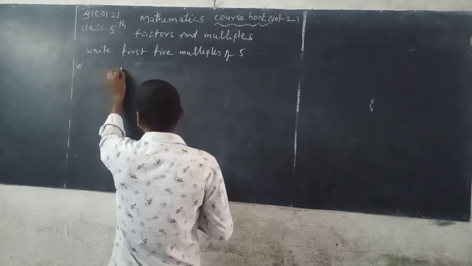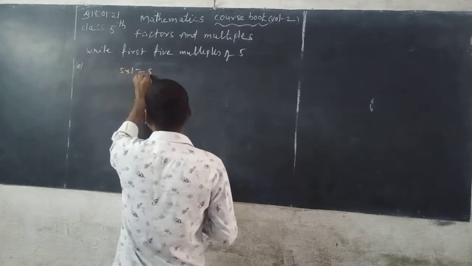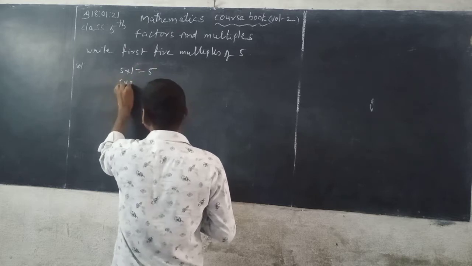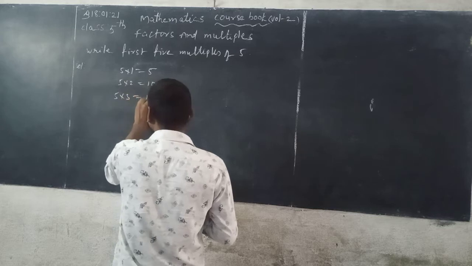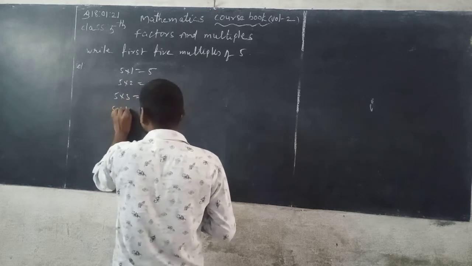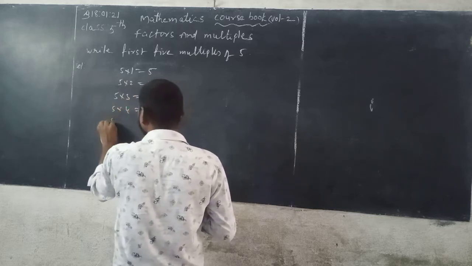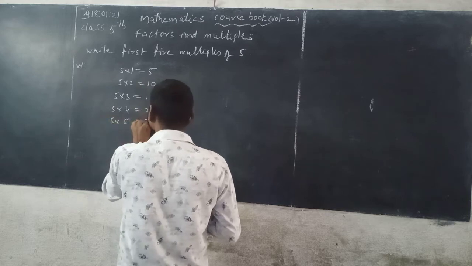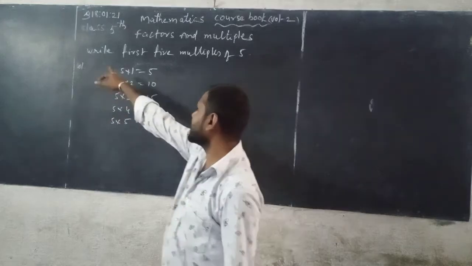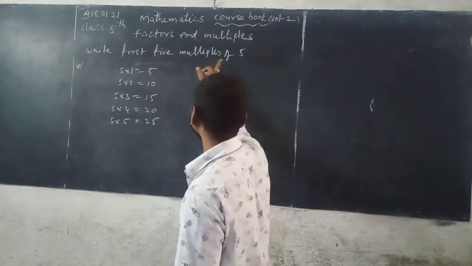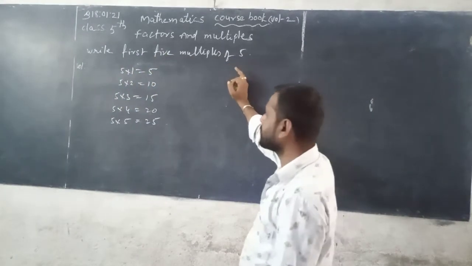See here, 5 1s are 5, 5 2s are 10, 5 3s are 15, 5 4s are 20, 5 5s are 25. Look at the blackboard. Write the first 5 multiples of 5. Then you can write the 5 table.